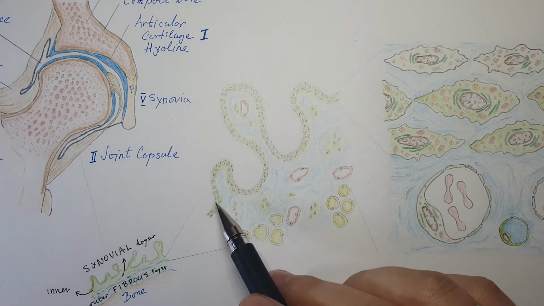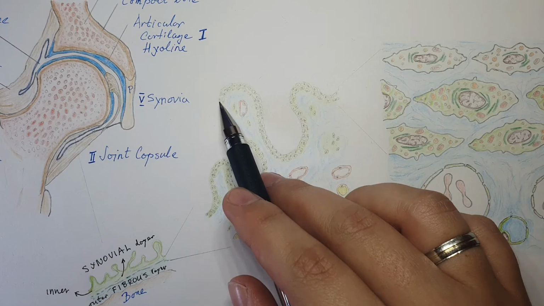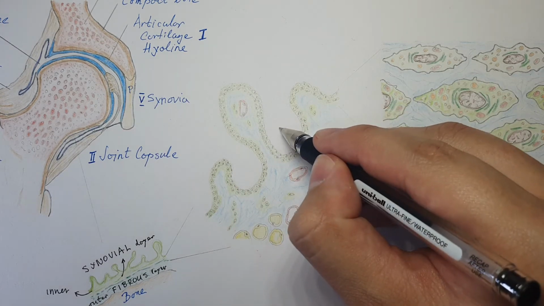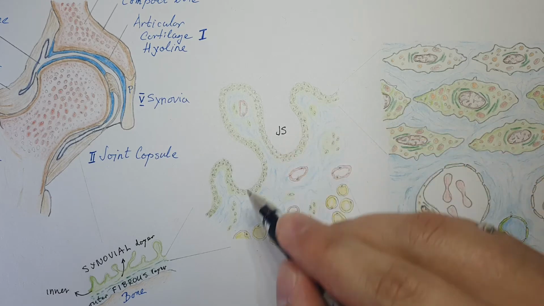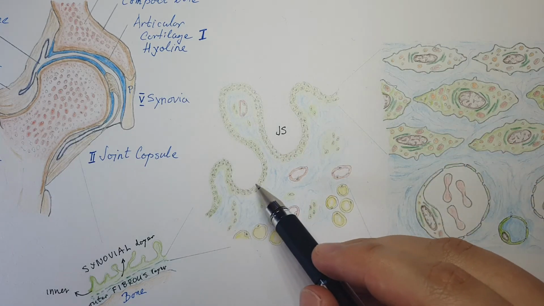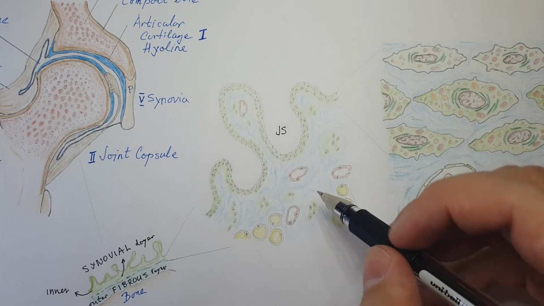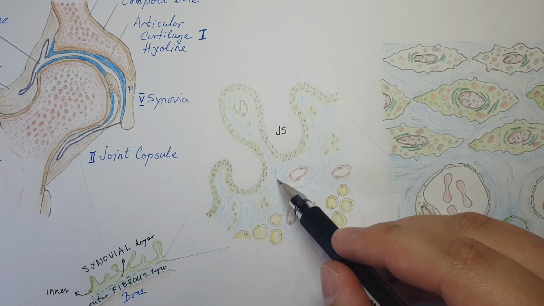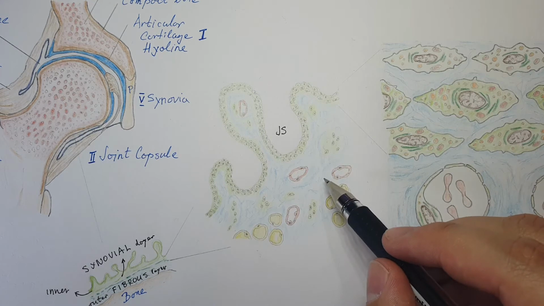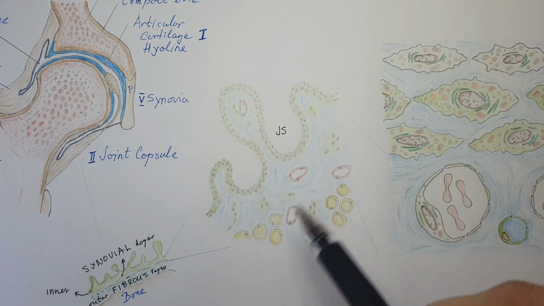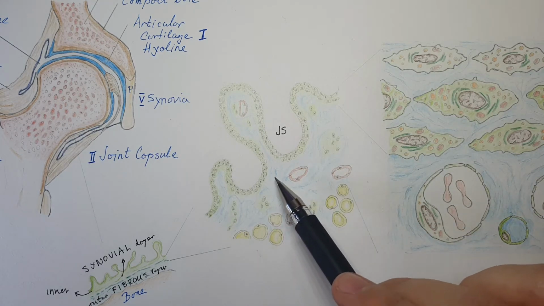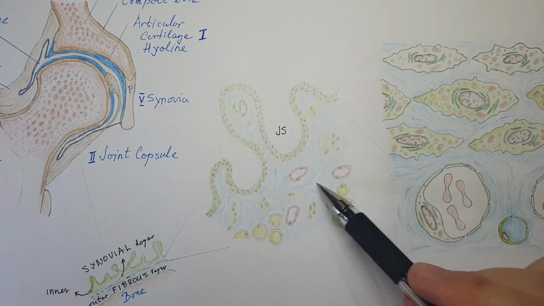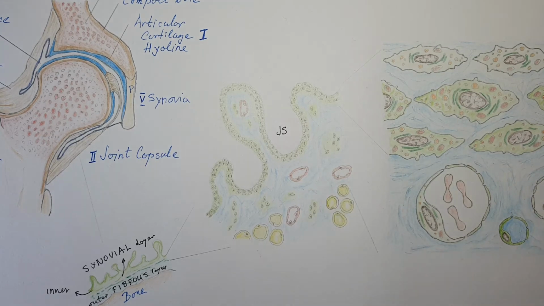The part that is oriented into the joint space has these cells, and these cells are sitting on a subpart that has extracellular matrix, blood vessels, a few adipocytes, fibrocytes, and other cells.